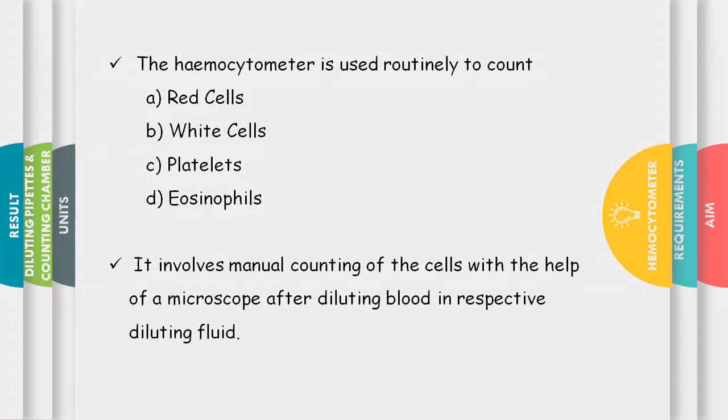It involves manual counting of the cells with the help of a microscope after diluting blood in the respective diluting fluid. For example, for counting red cells they use the RBC diluting fluid, and for white cells, the WBC diluting fluid.